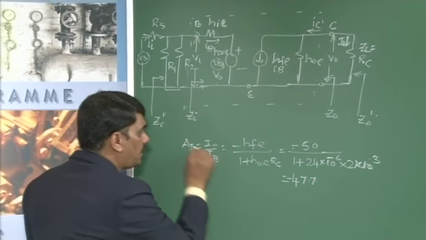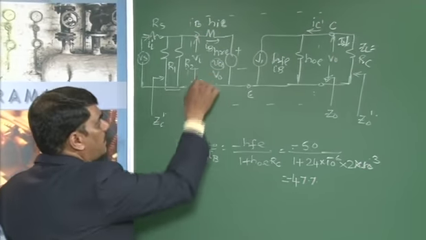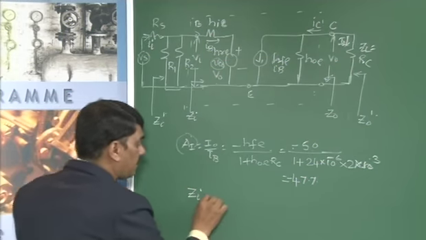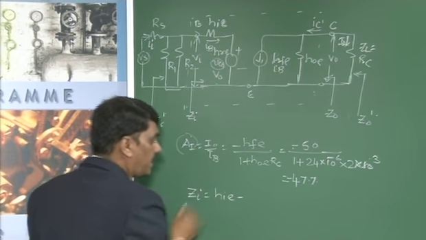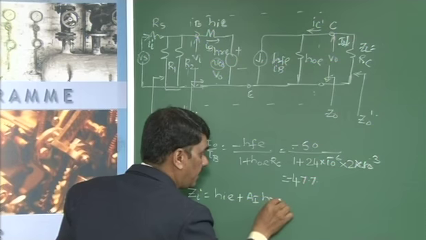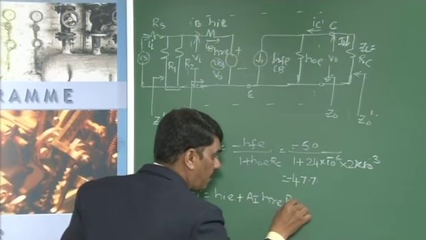Once we know the value of AI, we can get the input impedance Zi, where input impedance Zi is equal to HIE plus AI HRE into RC.